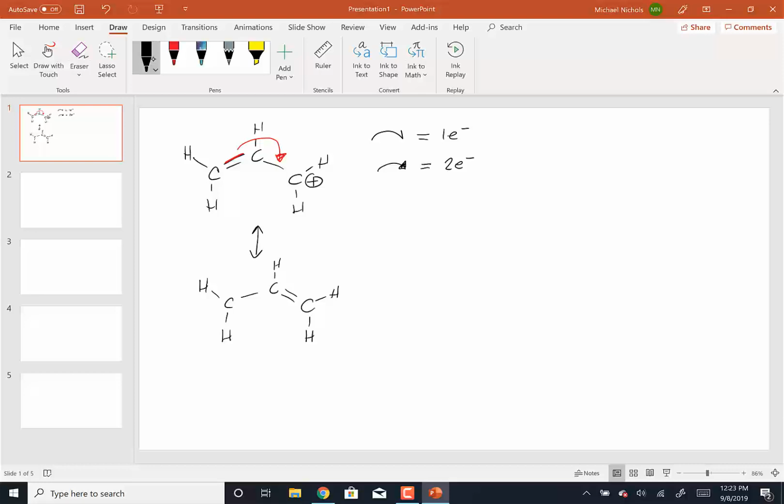Now it's the left-hand carbon that has just 1, 2, 3 bonds. This carbon has lost an electron, and so now it has a positive 1 formal charge. So in moving that pair of electrons from the double bond from the left to the right, the carbon on the left lost ownership of its electron, and so it becomes positively charged.